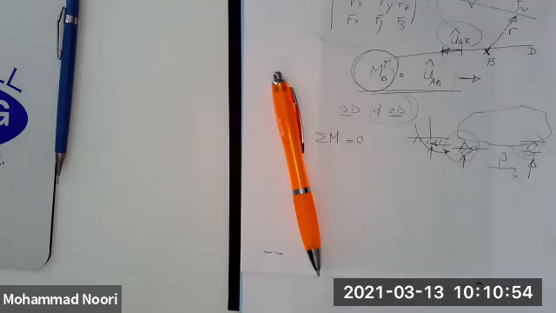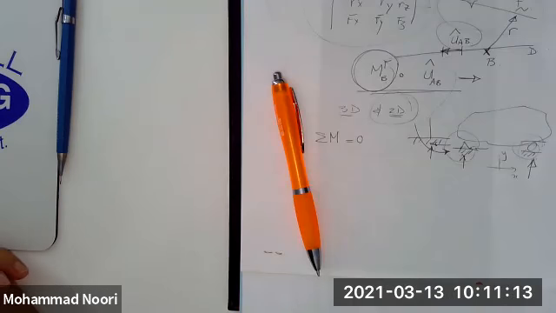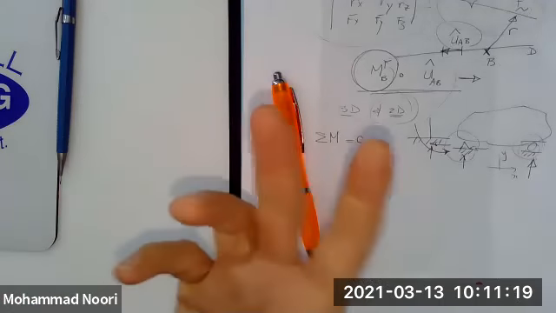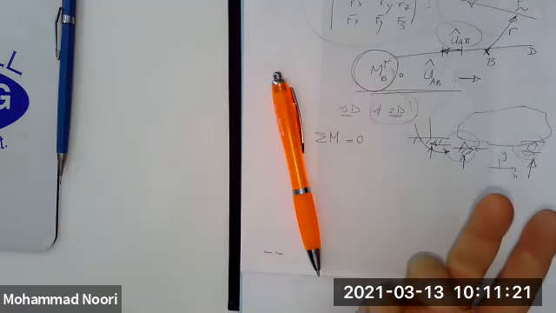Summation of moments. Why? Because you can always find a point of intersection for 2 of those unknowns. So if you take the summation of moments about that point, you end up with 1 equation, 1 unknown. So quickly solve for that 1 unknown, then use summation of forces along X and Y to find the other 2 unknowns. So that's basically in a nutshell what we discussed in 2D equilibrium.